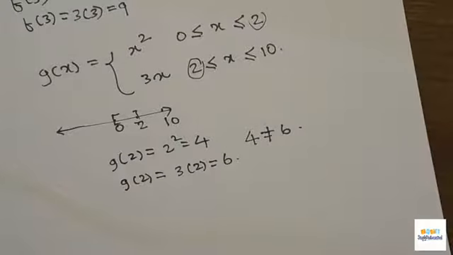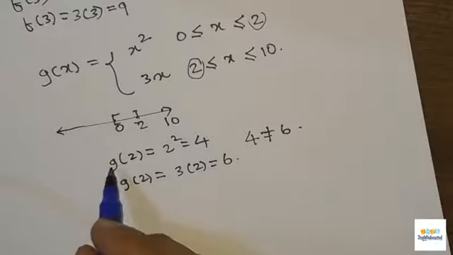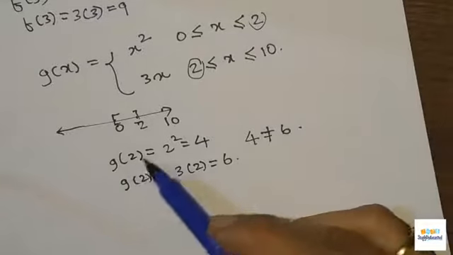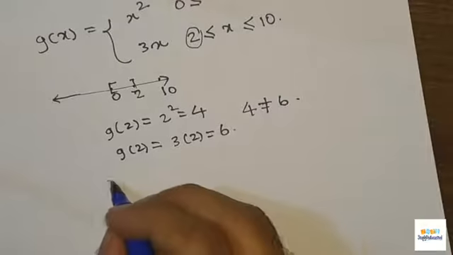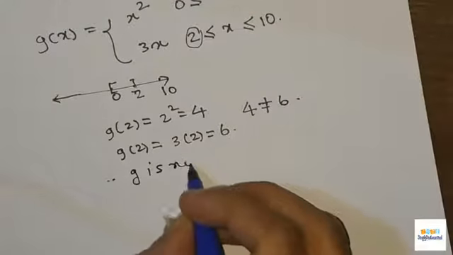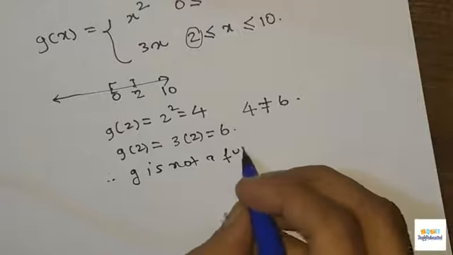But you know that a function takes all the values in the domain to unique values in the codomain, whereas here you are getting a relation which takes the same value to two different values. So therefore g is not a function.